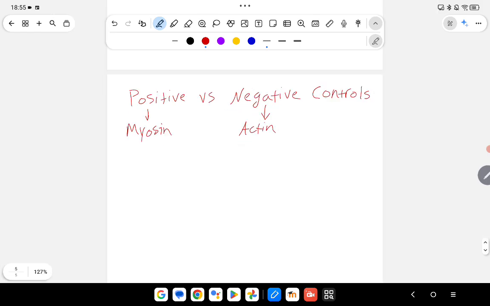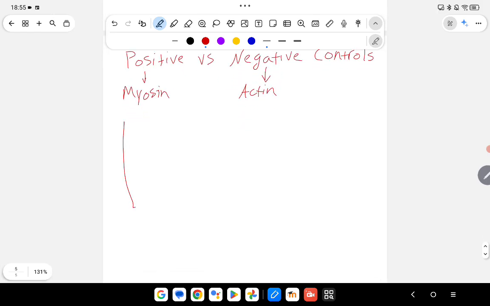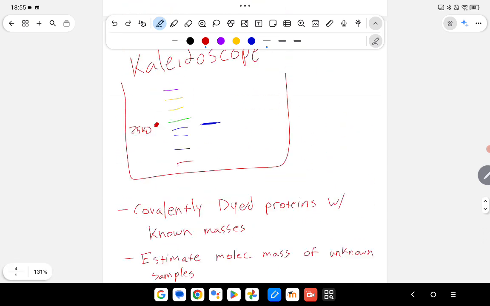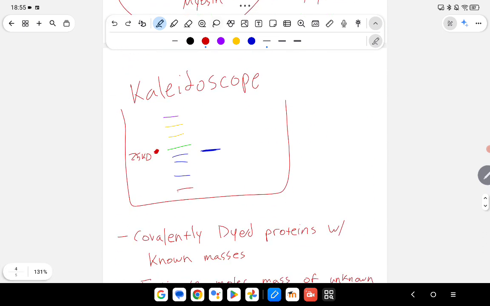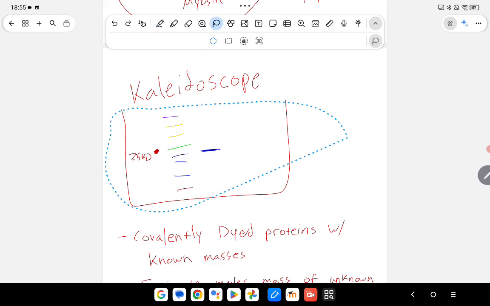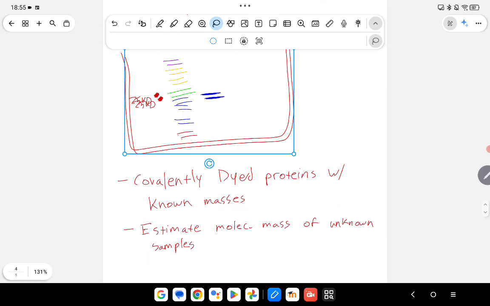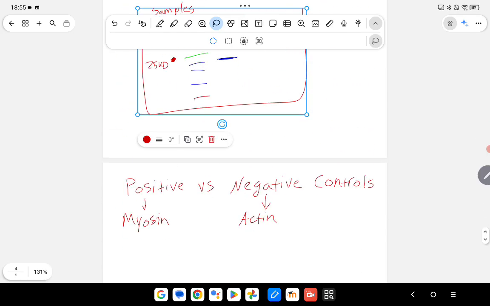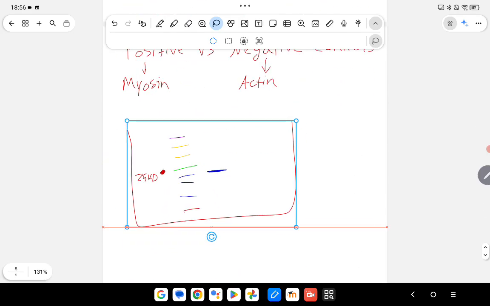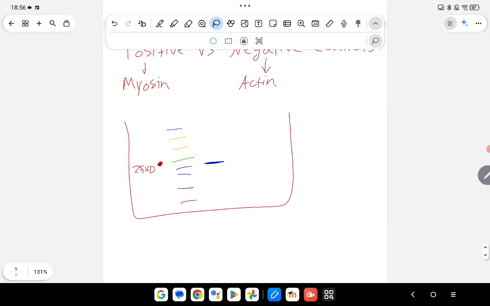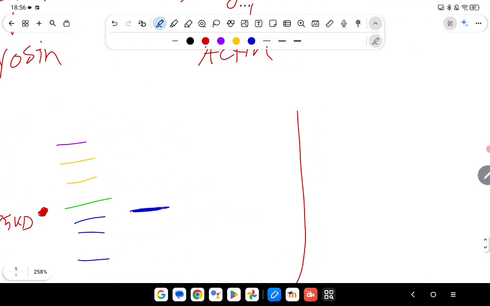Okay, and this is referring to, actually I drew a really pretty one. On the last well, we had those two controls here.